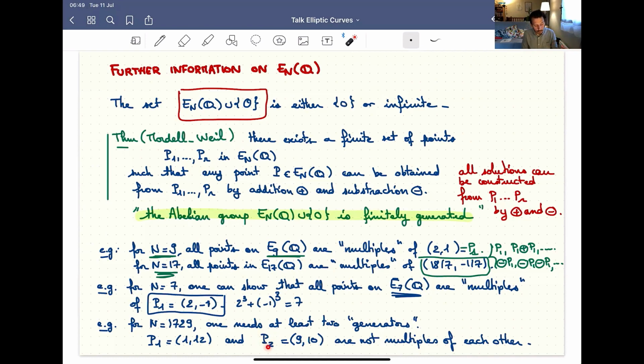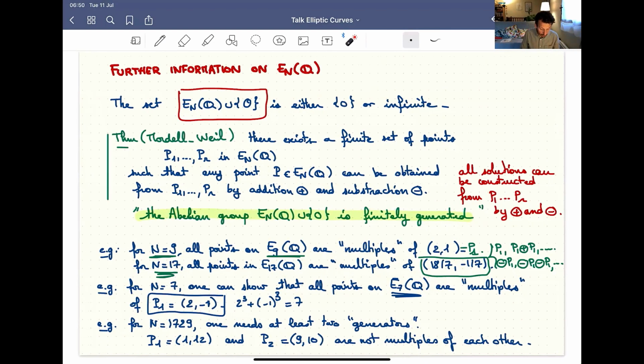And conversely, you cannot write P2 as a multiple of P1. So they are not multiples of each other, which means that there are some solutions which are a sum of P1 and P2, and you actually need the 2 generators P1 and P2.